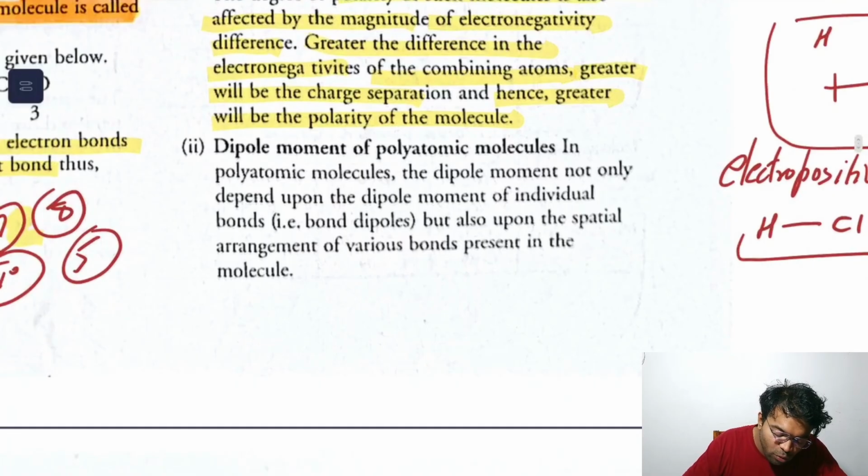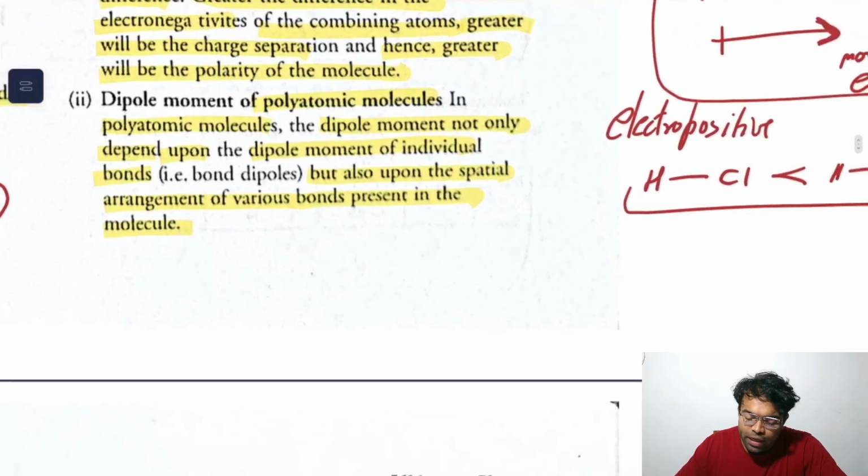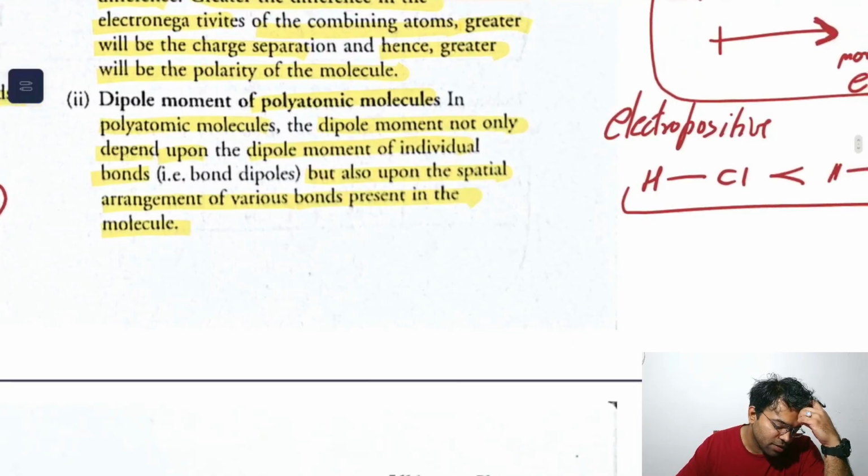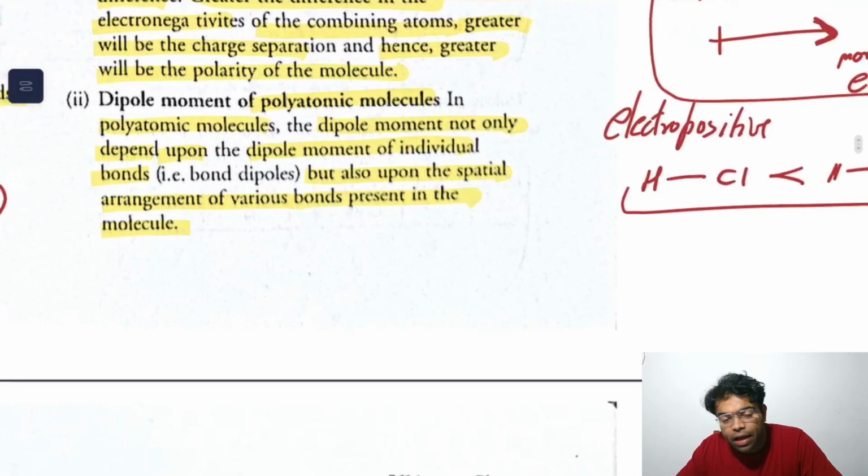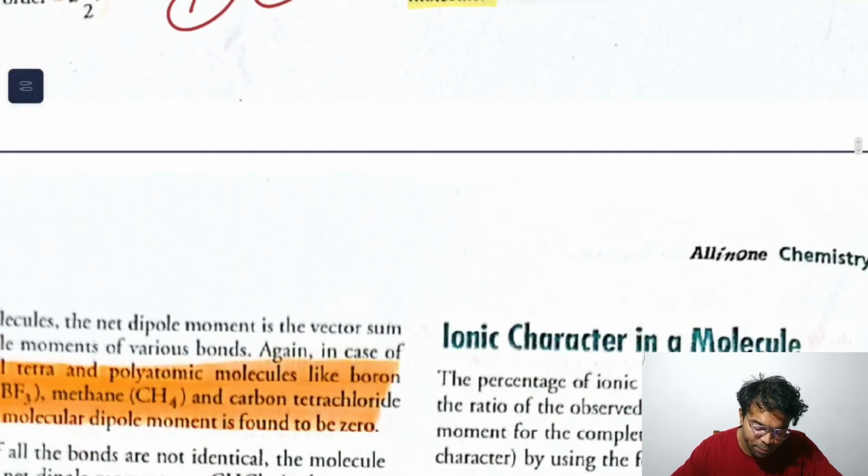Now, the dipole moment of polyatomic molecules. In polyatomic molecules, the dipole moment is not only dependent upon the dipole moment of individual bonds but also upon the spatial arrangement of various bonds present in the molecule. So here the dipole moment is not just the bond polarity, it also depends on the arrangements of the various bonds.